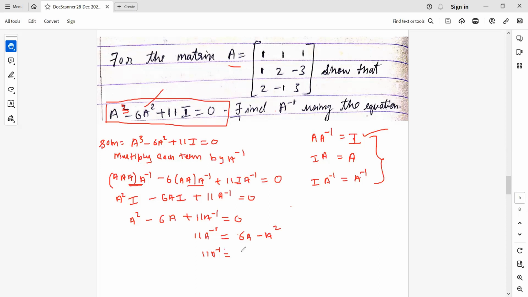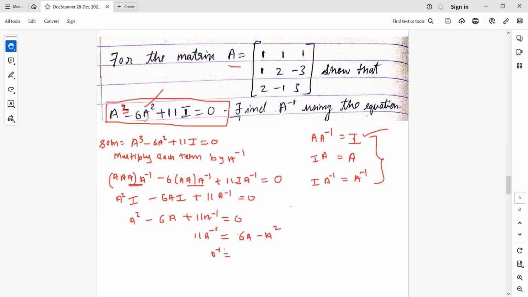So we have to substitute these values in this equation, that is A value and A square value. On substituting this and simplifying, A inverse will be equal to, the last step what we need to do here is, this 11 you shift it to the RHS.